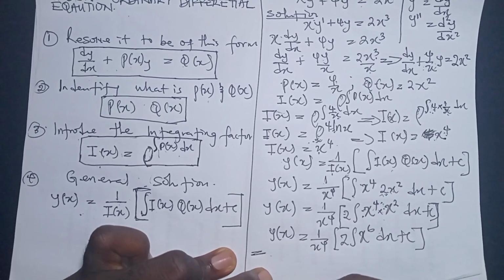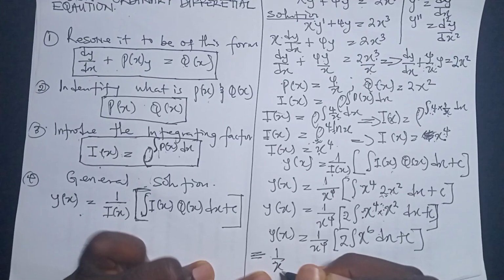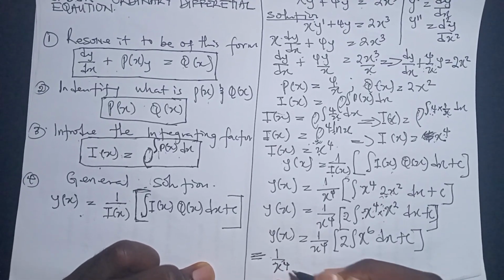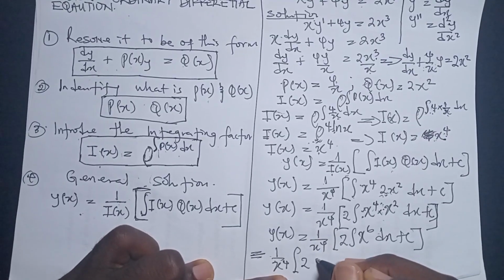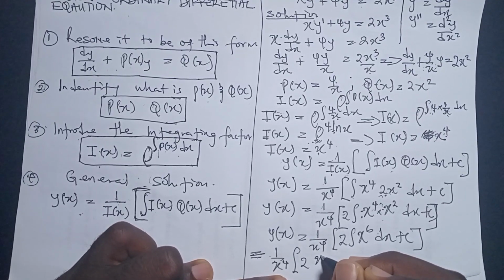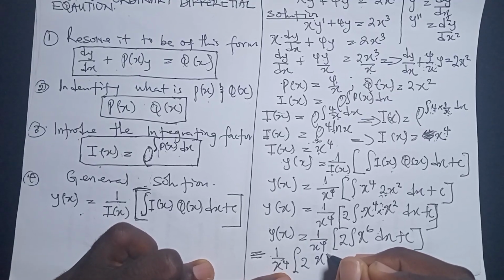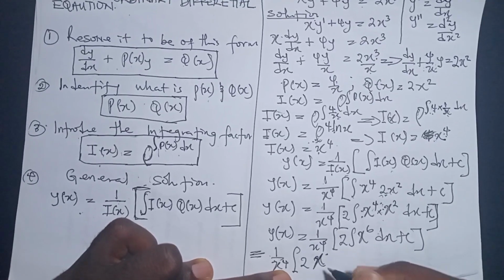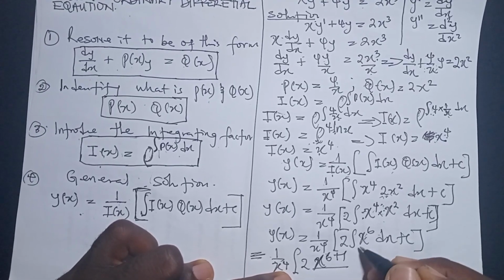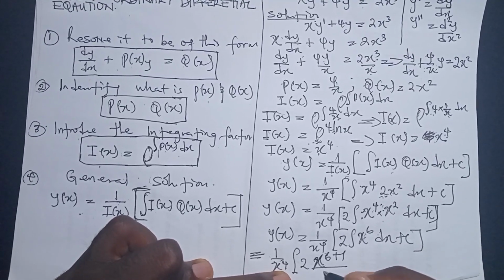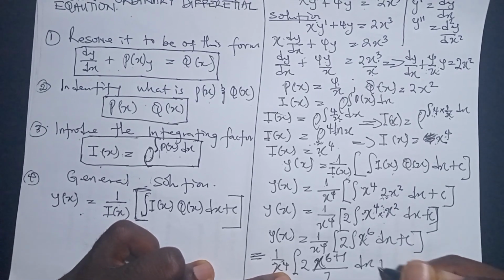And this is equal to 1 over x raised to power 4 times 2x to 6 plus 1. If we integrate x raised to power 6, we have 6 plus 1 over 7, dx plus c.